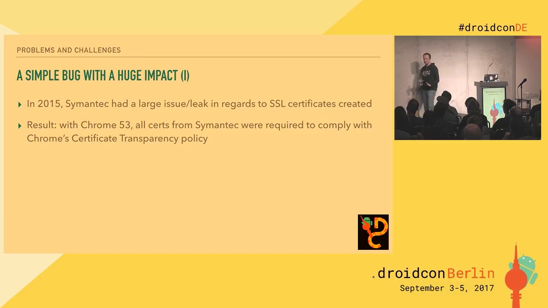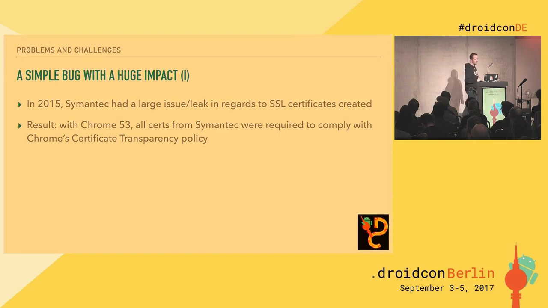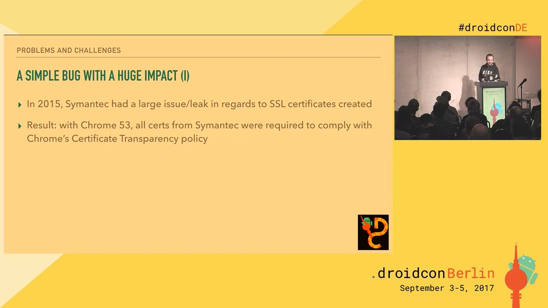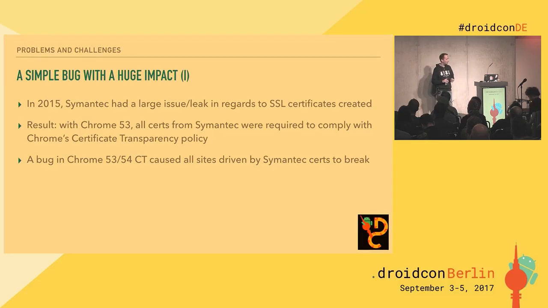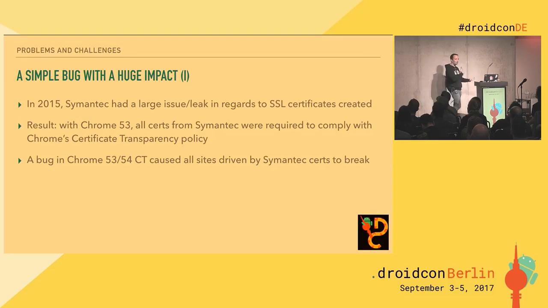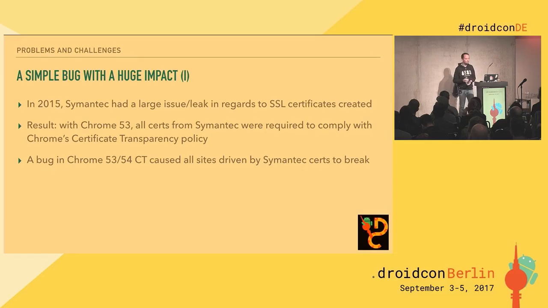From Chrome 53 on, all Symantec SSL certs have to comply with certificate transparency. Unfortunately, at the same time, there was a bug in Chrome 53 and 54 that broke all the Symantec certificates relying on exactly that feature. So Google required them to comply, and then they pretty much screwed it up in Chrome.